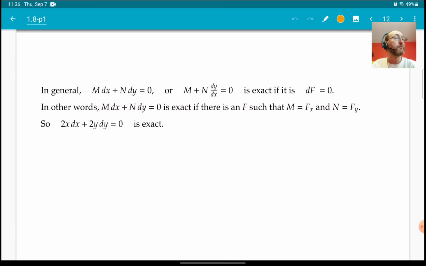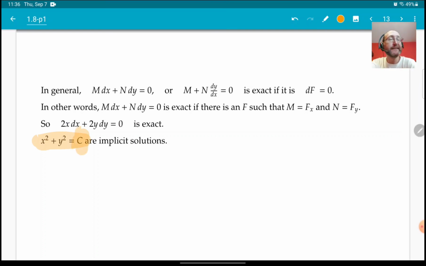All right. So in this case, yes, this is exact because we got it from the solution, right? So again, we were going kind of backwards. And this, where f is equal to c, those are the implicit solutions.